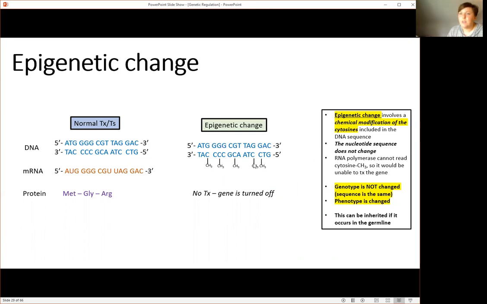However, methylation of the cytosines in the gene leads to its inability to be transcribed into protein. This would have the obvious effect on phenotype in that there would be no protein. Thus, epigenetic modification changes the phenotype, but not the genotype.